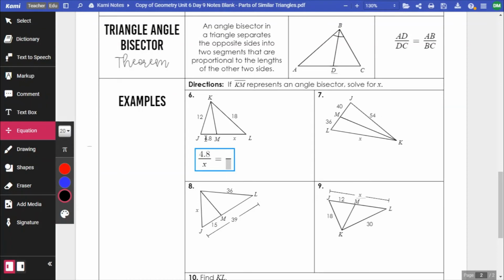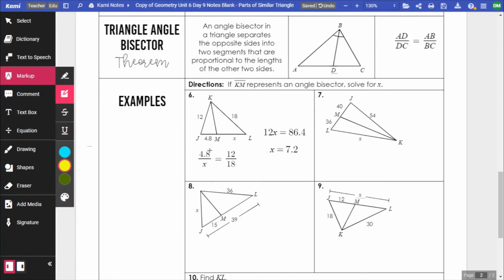So since I went 4.8 over X, I want to go 12 over 18. All right, so we cross multiply here, and that gets us 12x is equal to 86.4. And then if we divide both sides by 12, we get 7.2. So that's our answer there.